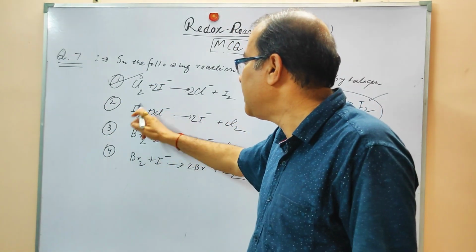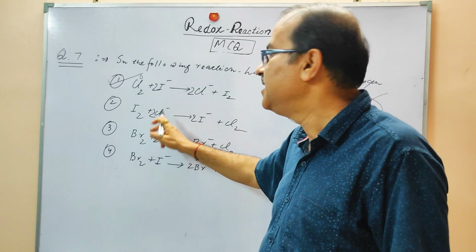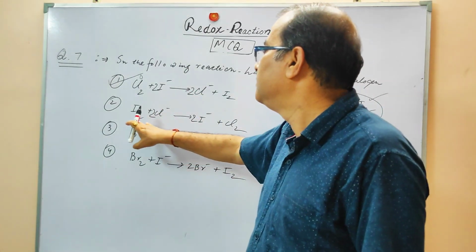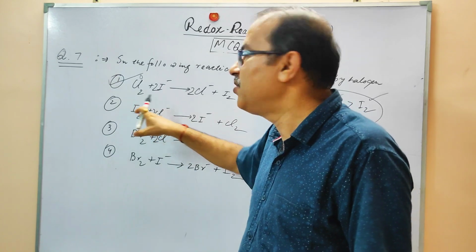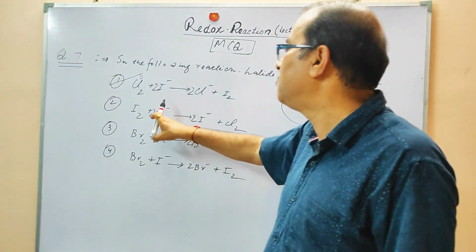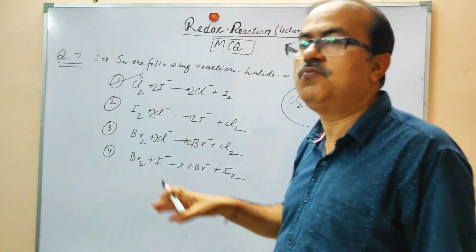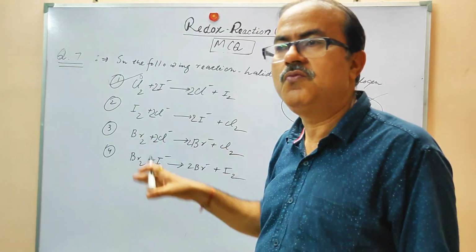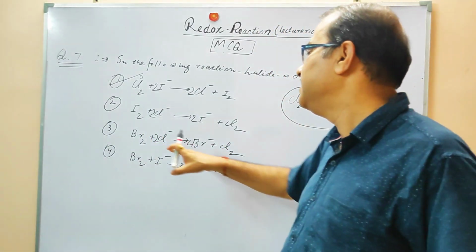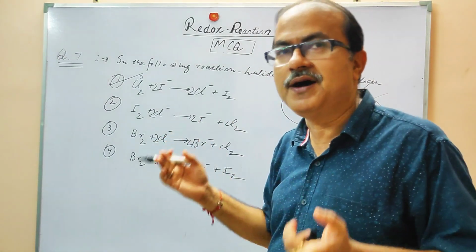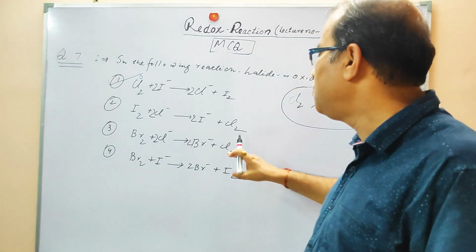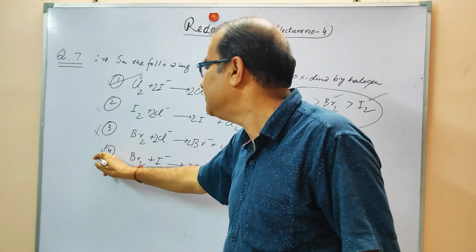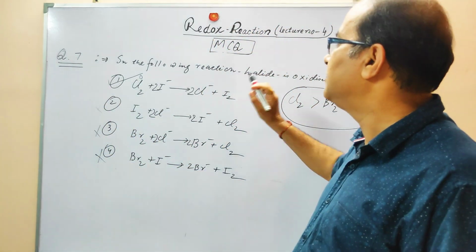Here you can see iodine cannot displace the chlorine from its compound, because it does not have higher oxidizing power than the chlorine. In the case of bromine, you can also see this reaction. In this reaction also, bromine is not going to oxidize the chlorine because it does not have higher oxidizing power. So this will not be the right answer. This is not right, and this is not right. So the right answer would be this.